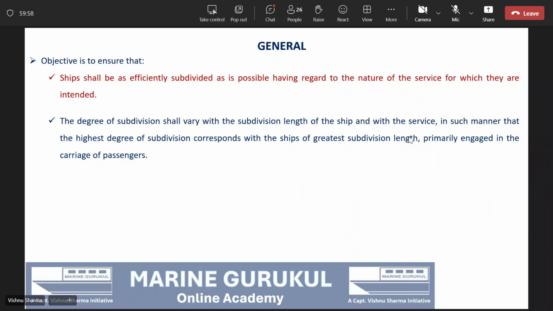Longer the ship, more will be the number of bulkheads required. And with the nature of service, in such a manner that the highest degree of subdivision corresponds to the ships of greatest subdivision length. So greater the ship length, more will be the subdivision. And based on type, if two ships have the same length, passenger ships will have a greater degree of subdivision compared to cargo ships, because passenger ships have more lives on board.